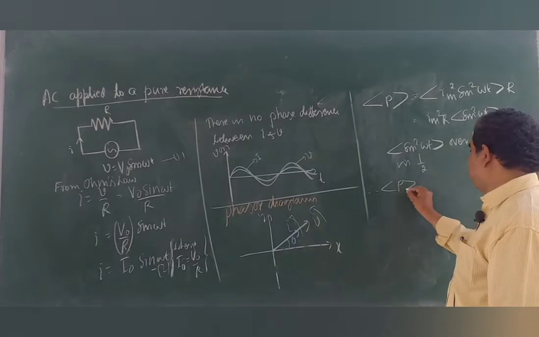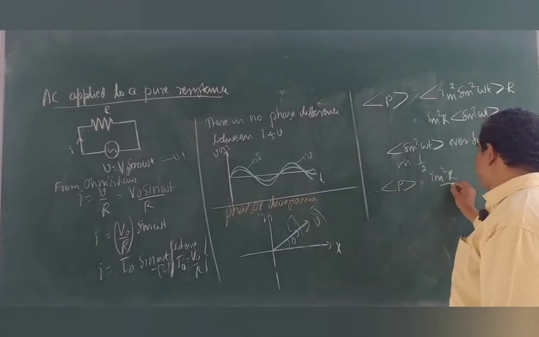Therefore, average power is Im square R by 2.